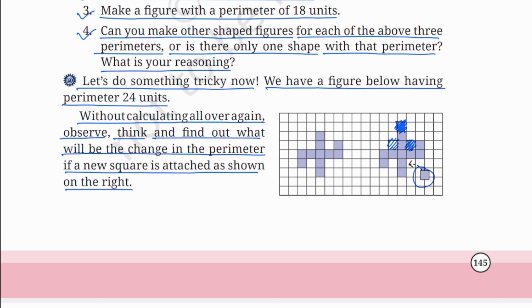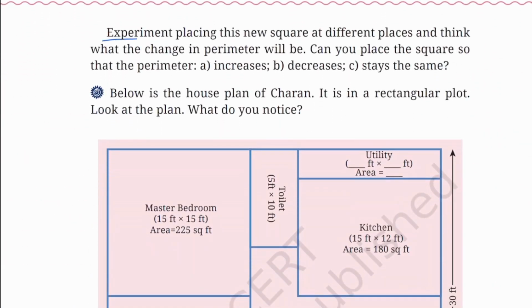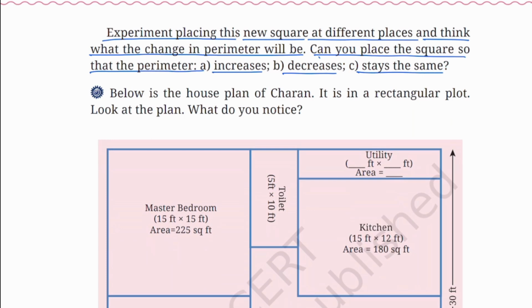Kindly do that and check. Experiment placing this new square at different places and think what the change in perimeter will be. Can you place the square so that the perimeter increases, decreases, stays the same?